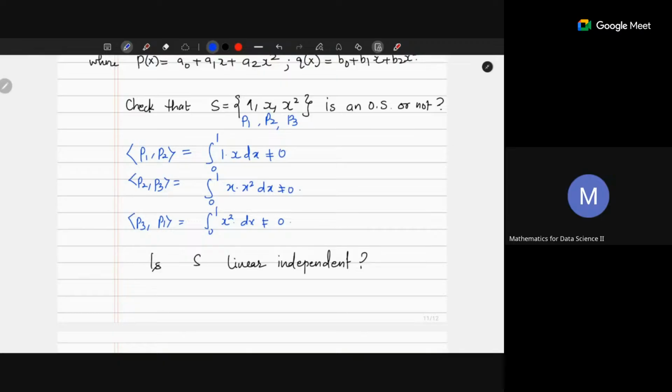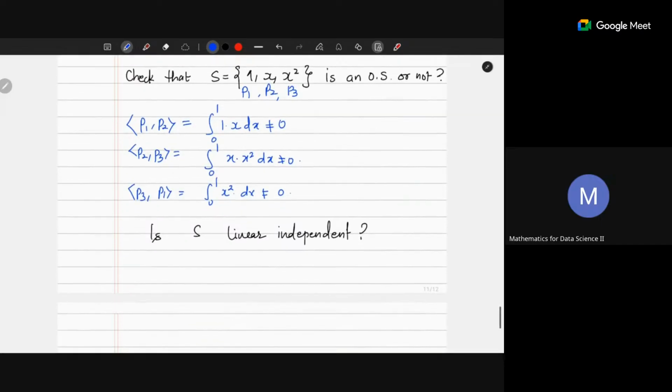How do we check that? How do we check linear independence? What is the definition of linear independence? Yes, the coefficients should be simultaneously 0.